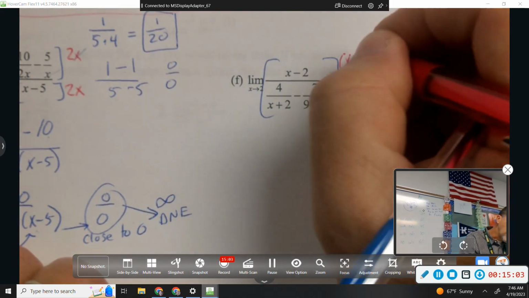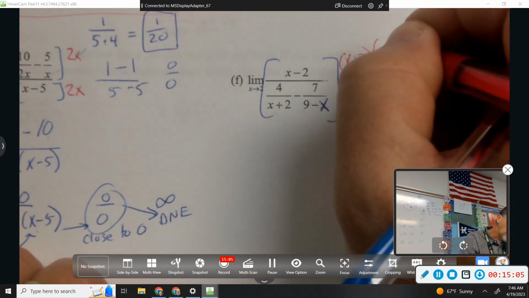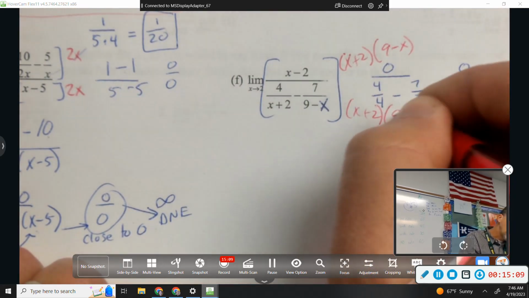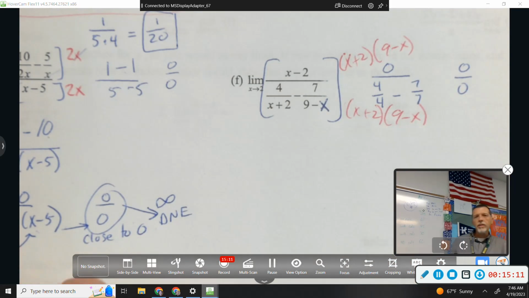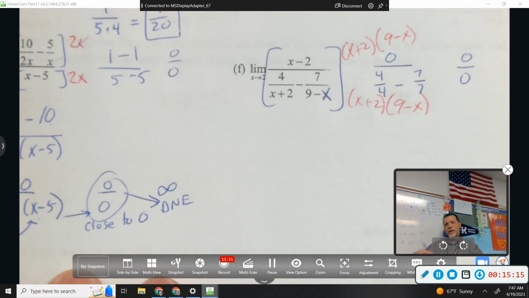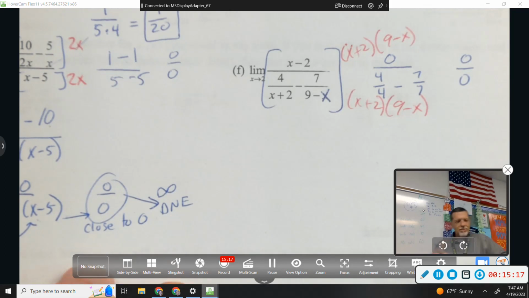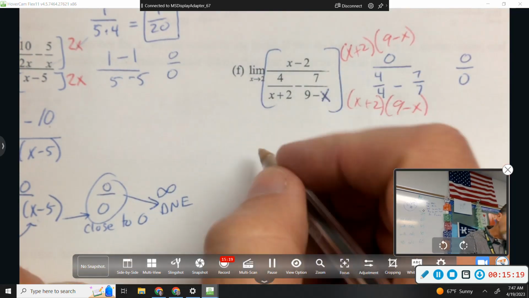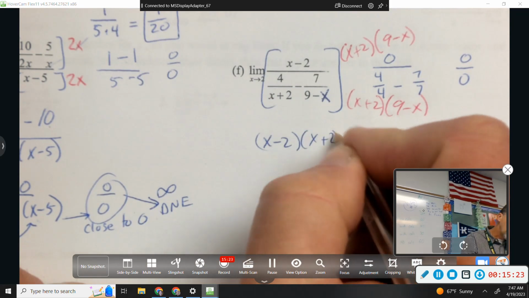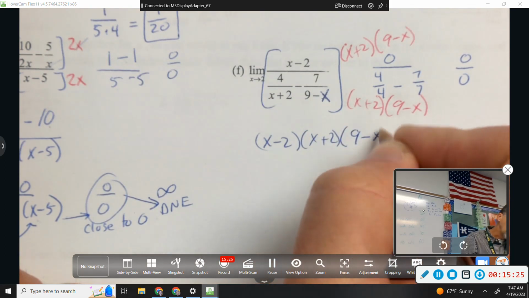Let's multiply by x plus 2 and 9 minus x, top and bottom. Clear out all our fractions. This time we're clearing fractions in the bottom rather than the top, but same thing. So this time I'm going to leave the top factored because I'm hoping something will cancel.